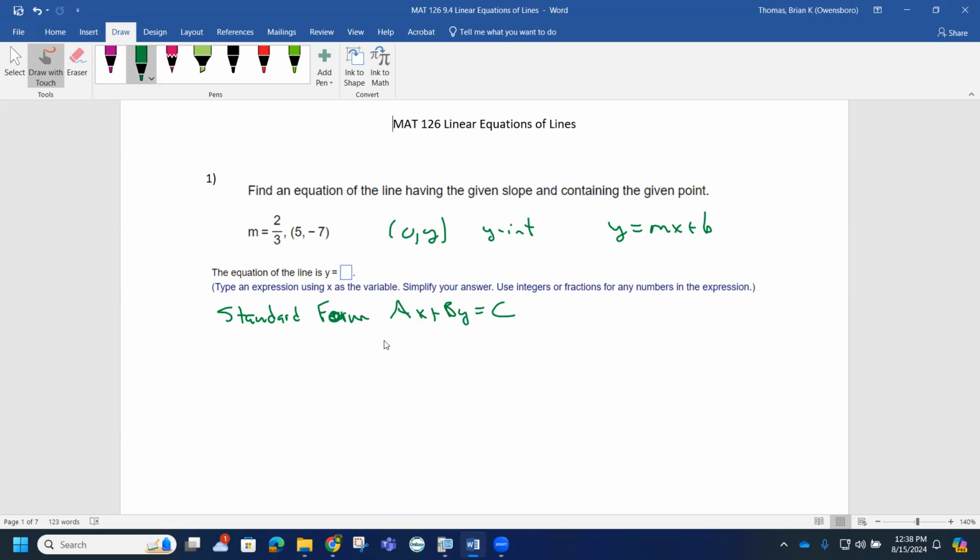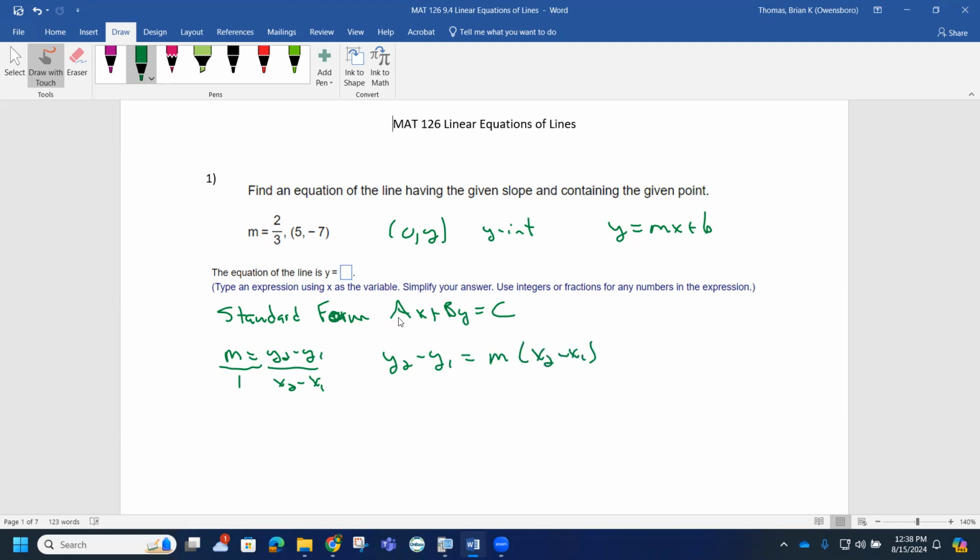The only other equation we have involving slope is the slope formula, which is m equals y2 minus y1 over x2 minus x1. What I'm allowed to do is cross multiply, and write this as y2 minus y1 equals m times the quantity x2 minus x1.